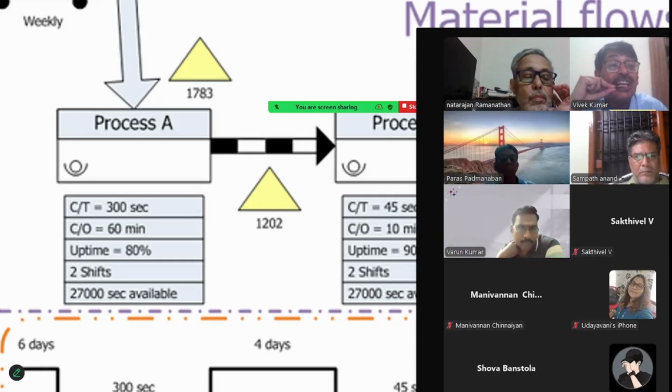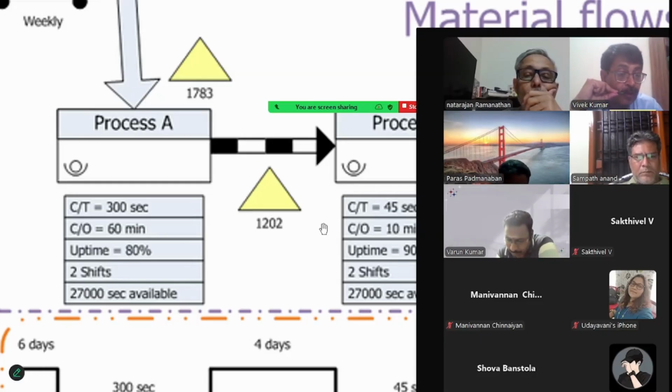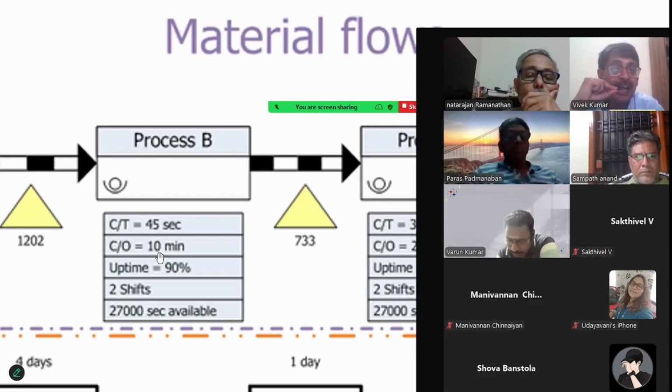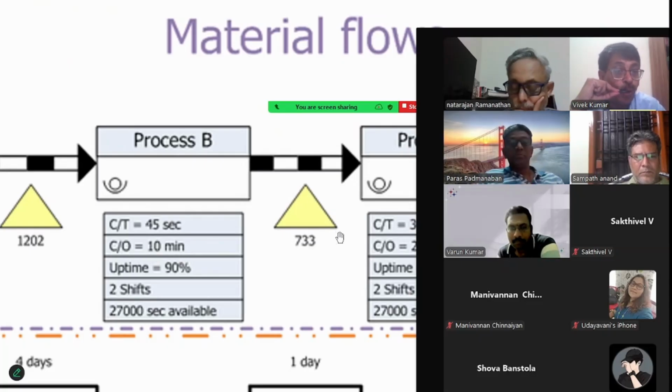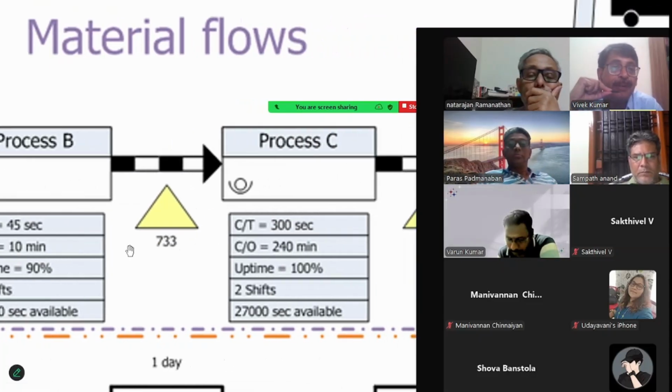What exactly shall be done on process A, you now know. What exactly shall be done on process B, you now know. And what exactly shall be done at process C, you now know. Yes or no? Show me a confirmation.